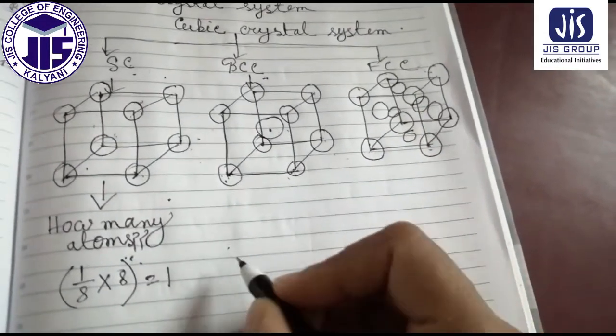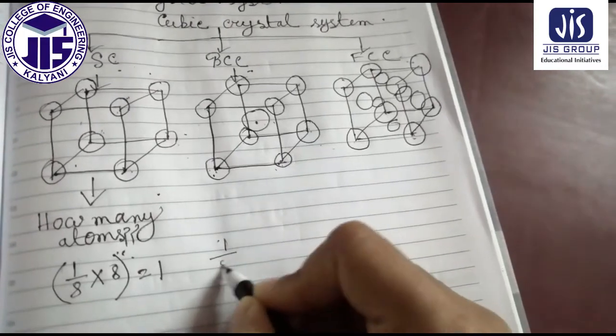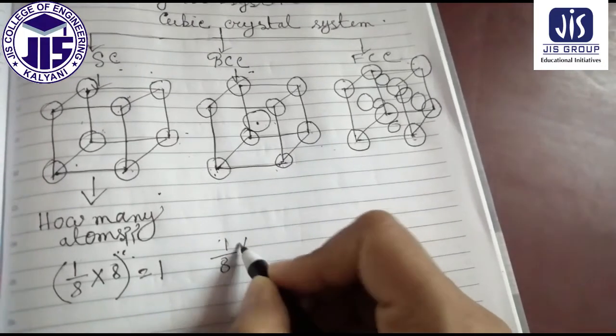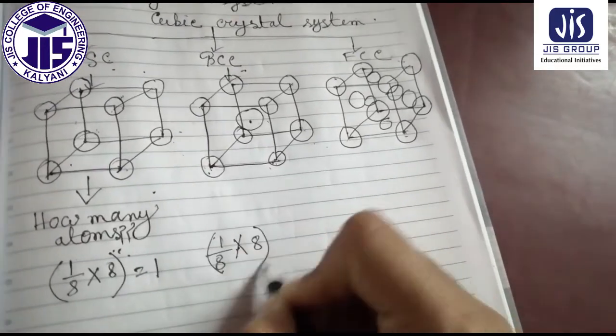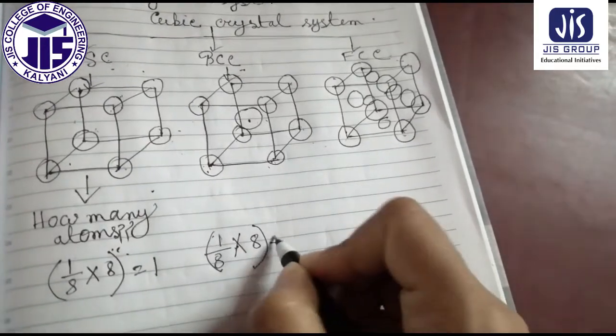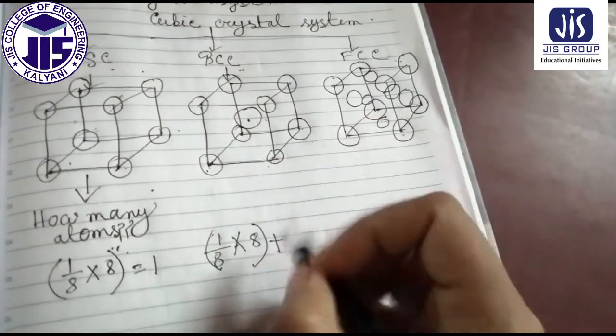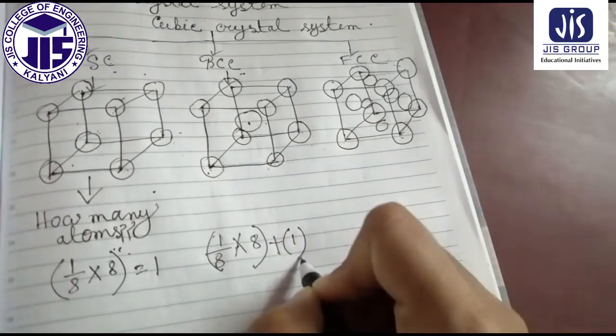Now from each corner, therefore, 1/8 into 8. This is the corner contribution, plus at the center of the body there is also one additional atom.